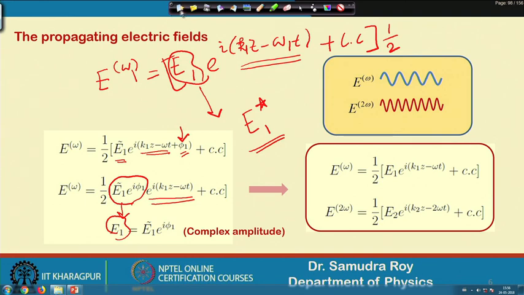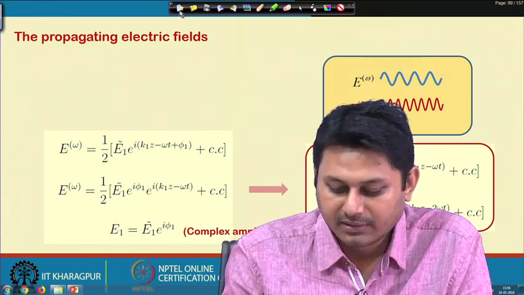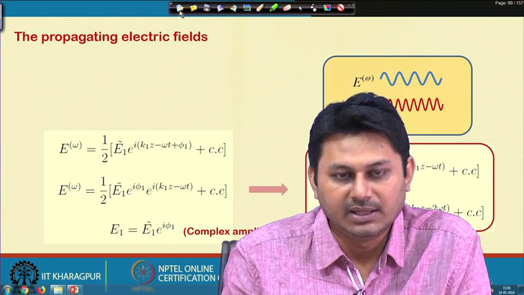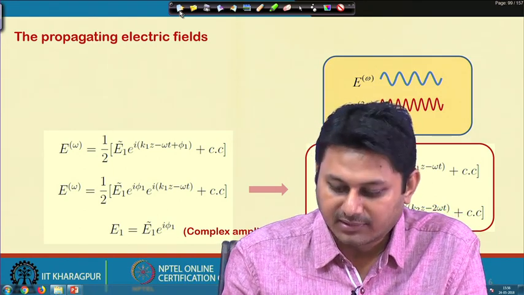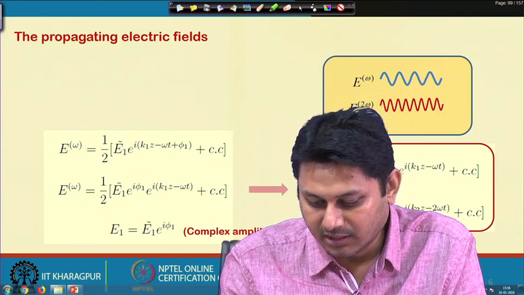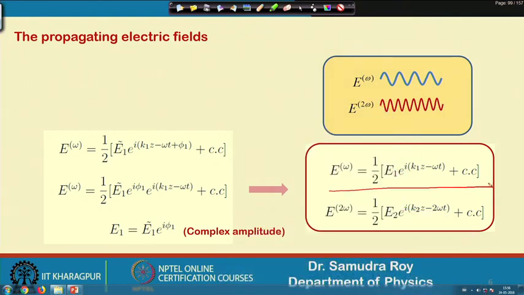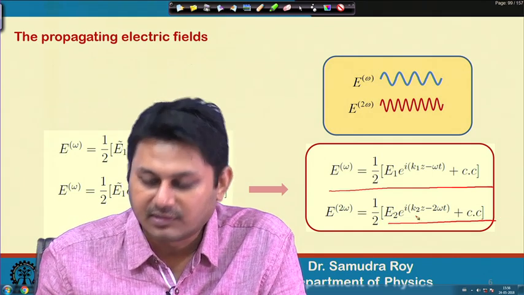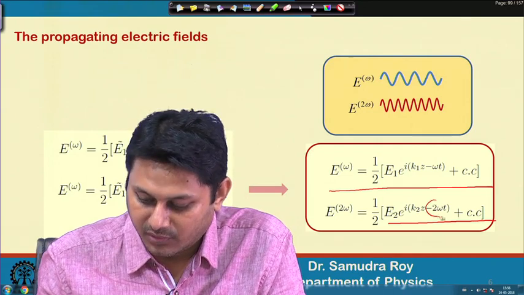So, a simple thing here: how to find out what my E omega and E 2 omega are. In the slide we can find that E omega is nothing but E1 e to the power of i (k1 z minus omega t), and E2 e to the power of i (k2 z minus 2 omega t), because this is 2 omega. That is why the 2 omega frequency is there.